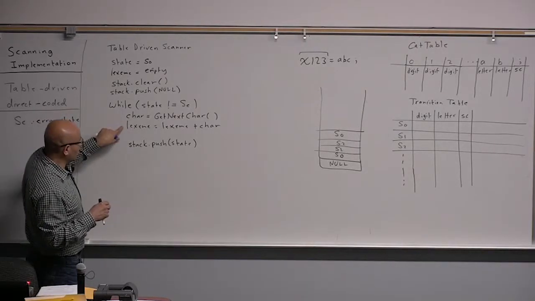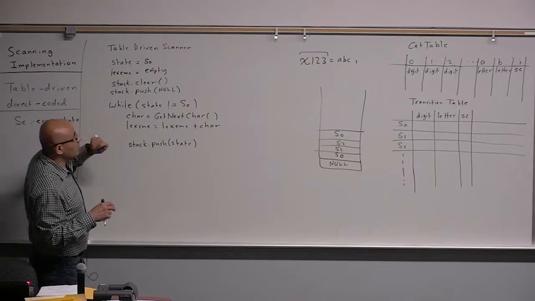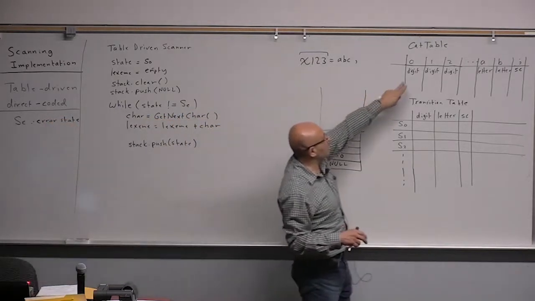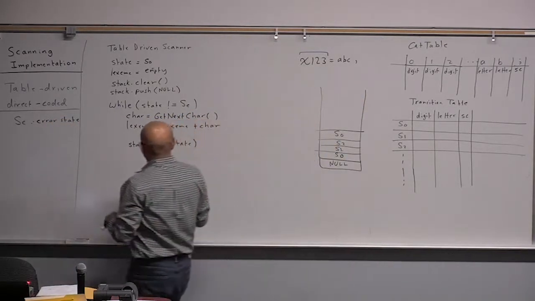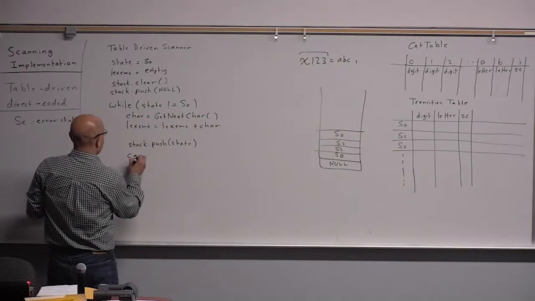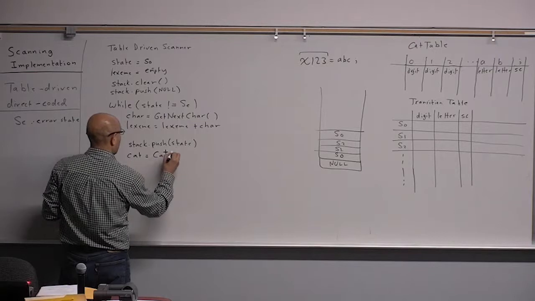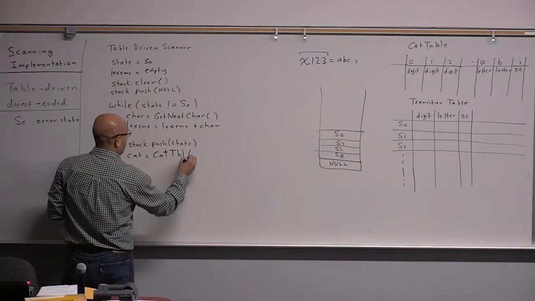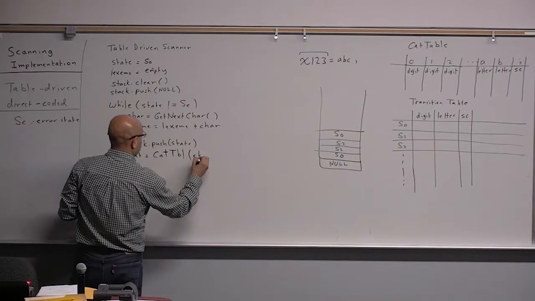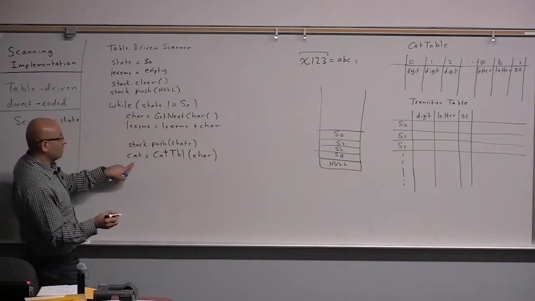So we put it in the lexeme now, and we will check it. We will check the categorization table. So our category is going to come from the cat table of the character. It will tell us what the category is.